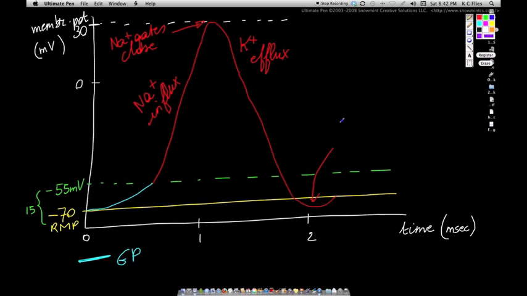So we see a very short time of hyperpolarization occurring as part of our action potential. But very quickly we go back to our resting membrane potential. So this is what one action potential looks like.